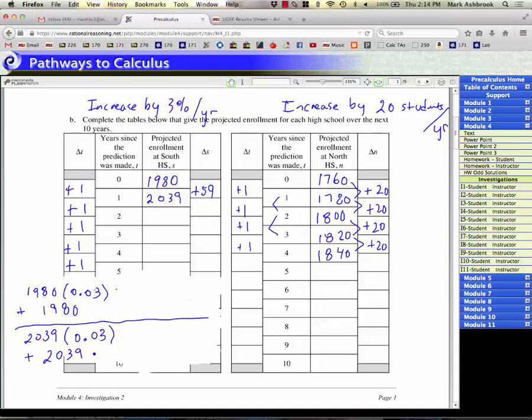You're going to take 3% or multiply by 0.03 and then add what you had before, the 2039. What is 3% of 2039? 61. He said 61. Is that right? Yeah, 61. And then we get 2100.